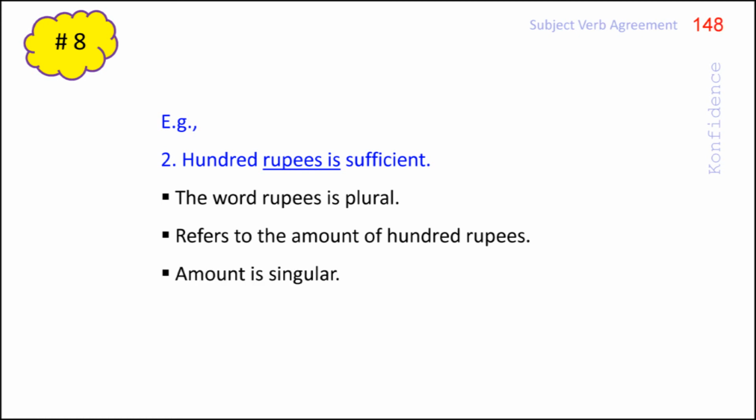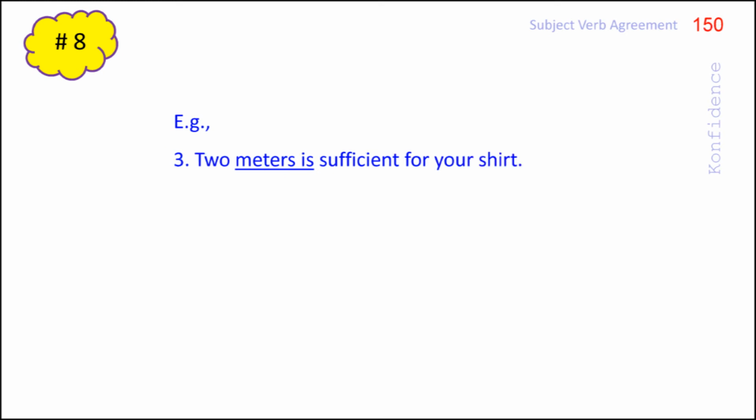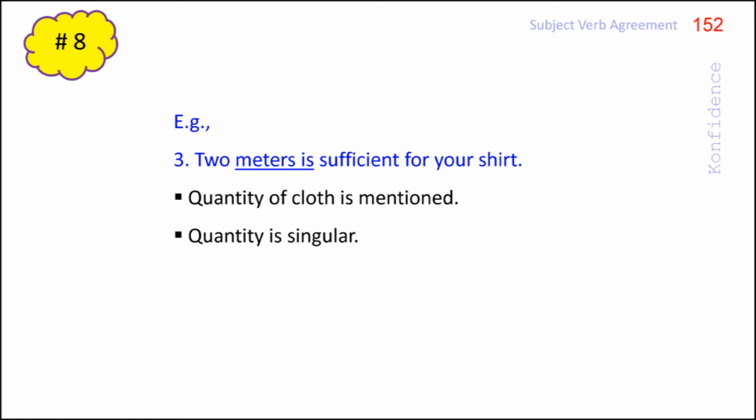The word amount is singular and therefore a singular verb is used. In the third example, quantity of cloth is mentioned. As quantity is always considered as singular, about which we have studied earlier, a singular verb is used in that sentence.